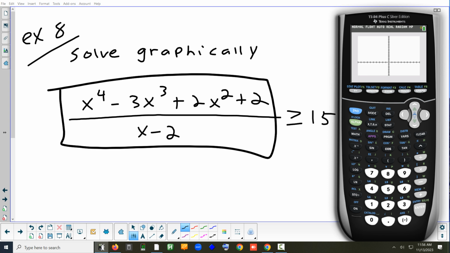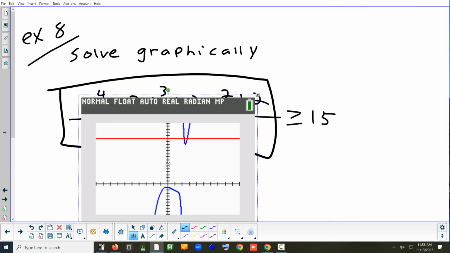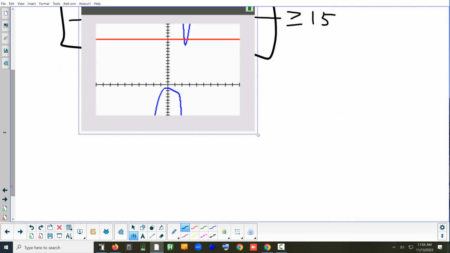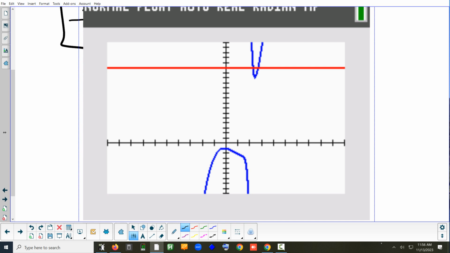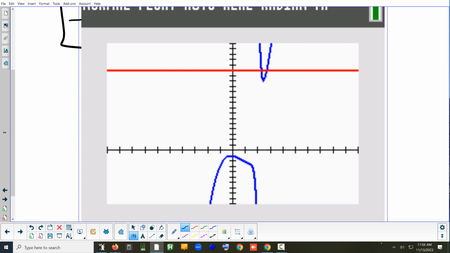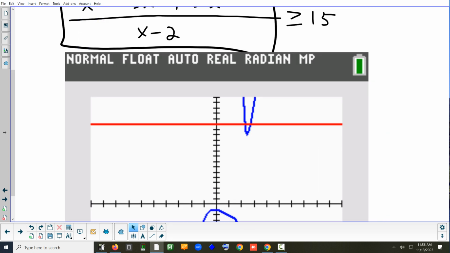And this time we're looking for where we are going to be above the 15. All right, let's take a look at that. Such an ugly graph. Yeah, that one's not very nice.